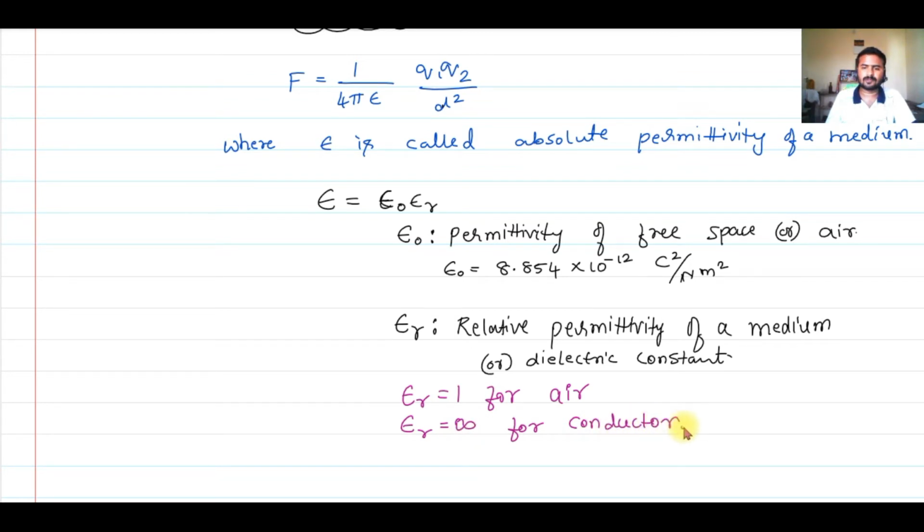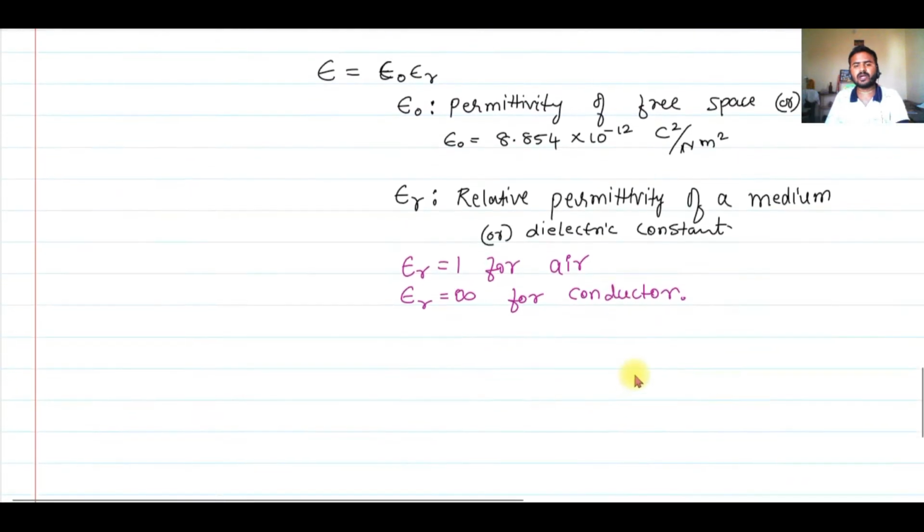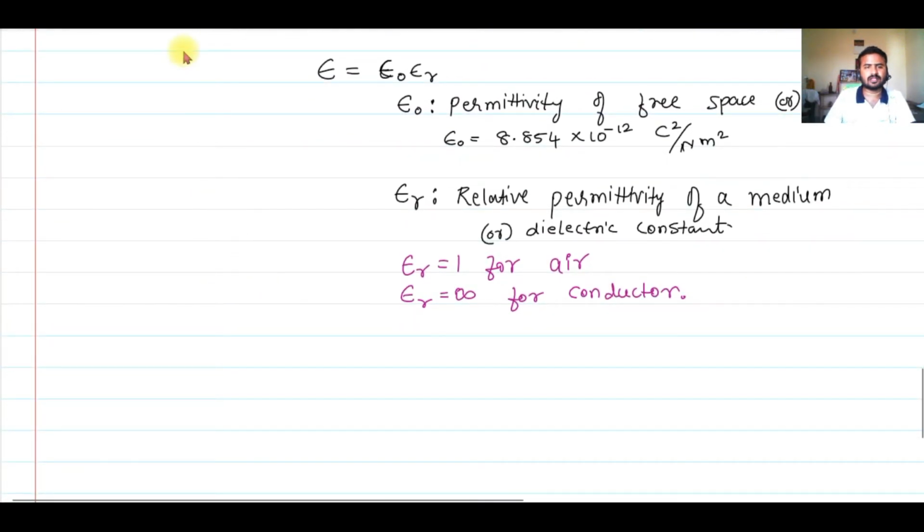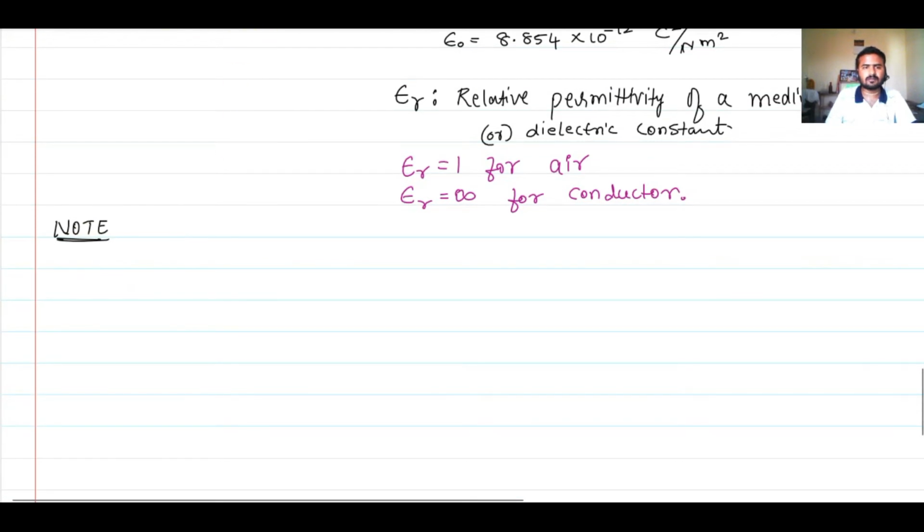All right, so now if I have two charges in air medium, I'm just going to write that under a note. Say I have q1 here and q2 here, and these two are separated by distance d, and the medium here is air, or vacuum.